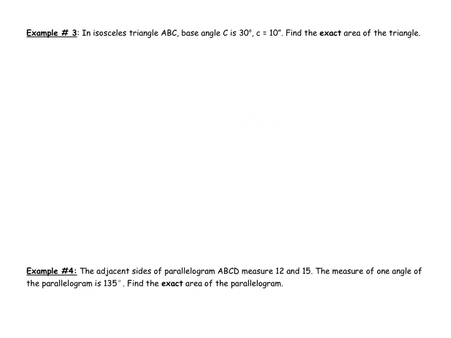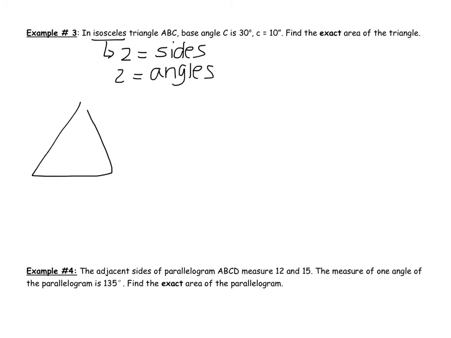Okay, question 3 involves an isosceles triangle. I just want to review what isosceles means. Isosceles means that you have 2 equal sides and 2 equal angles. So let's just draw a triangle and label its parts. If I have a triangle that's isosceles, I'm going to say these 2 sides are equal. And this angle up top is called the vertex angle.